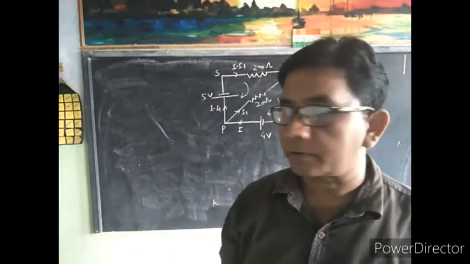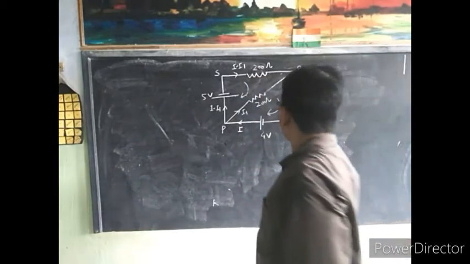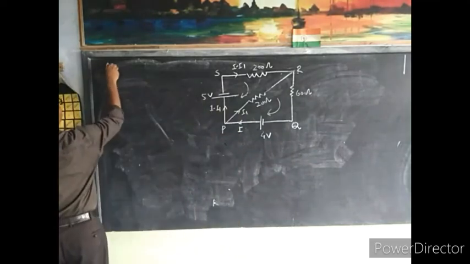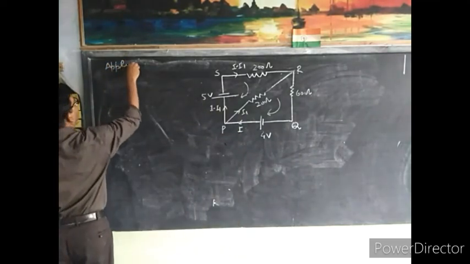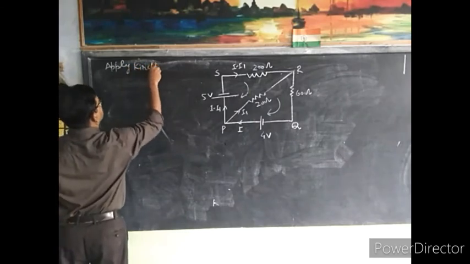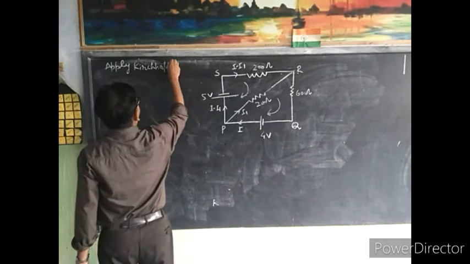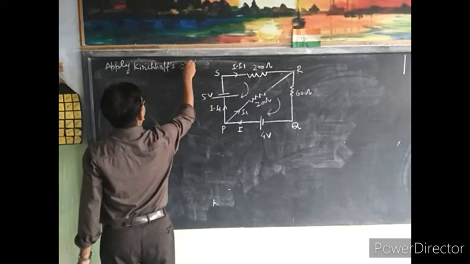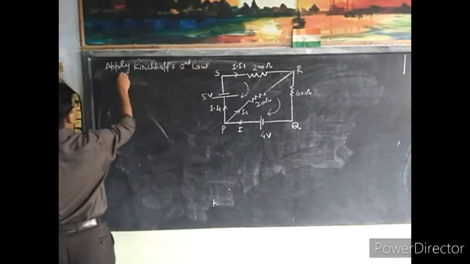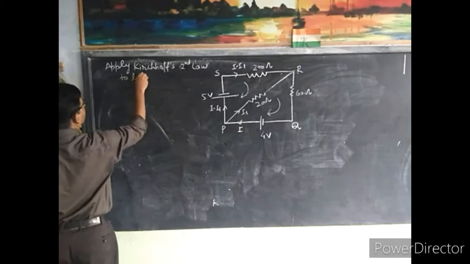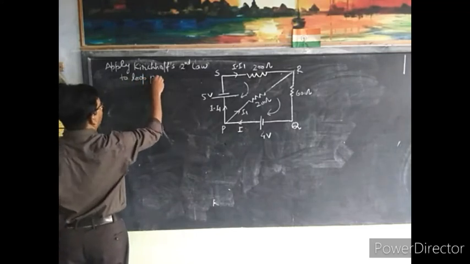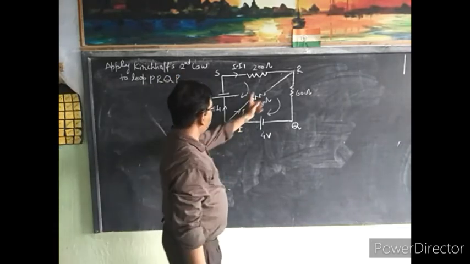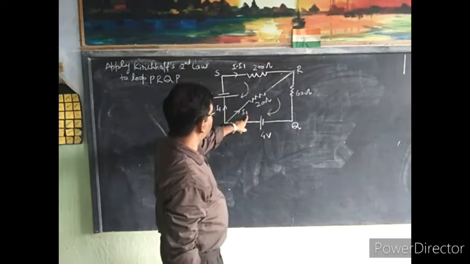First, apply Kirchhoff's second law to the loop PRQP. Here, in clockwise direction, that is 20 I1.